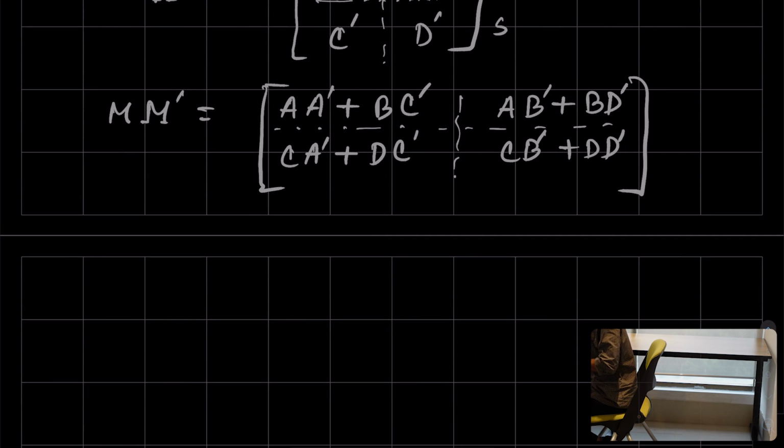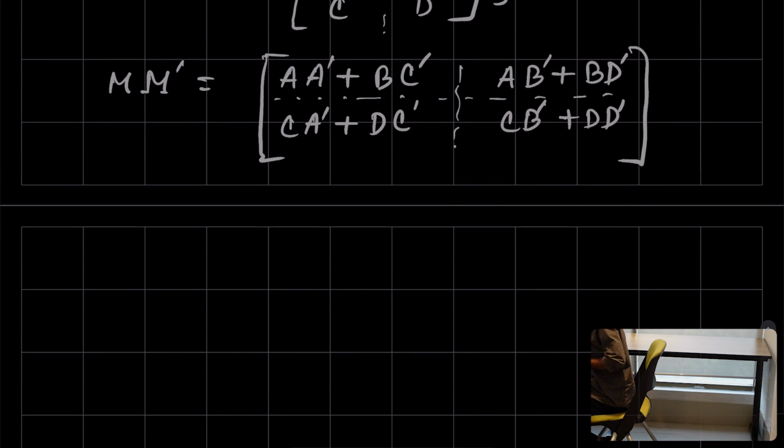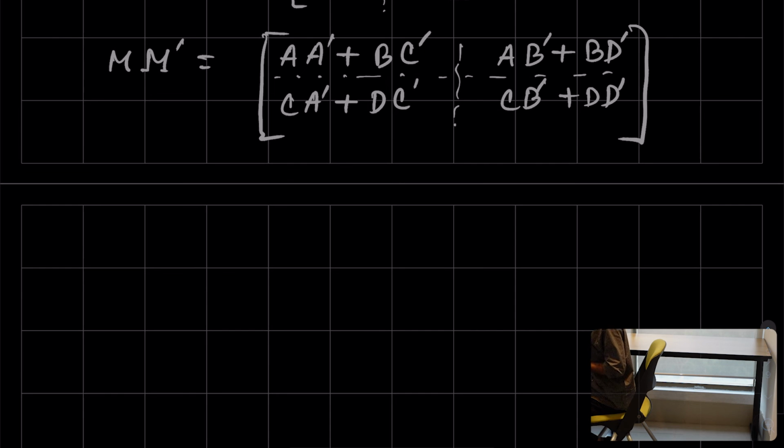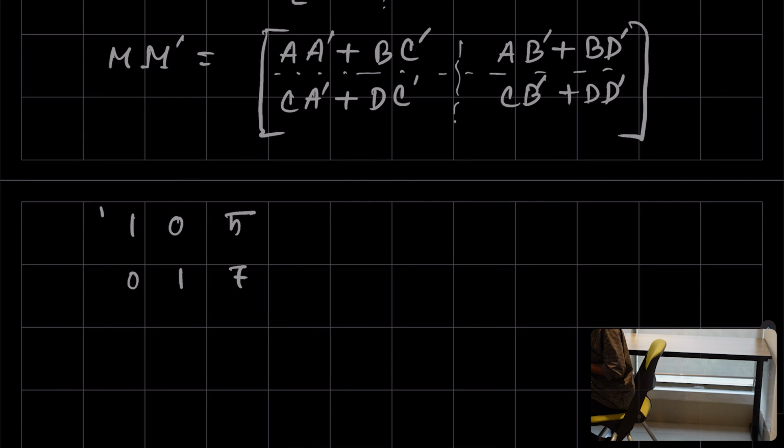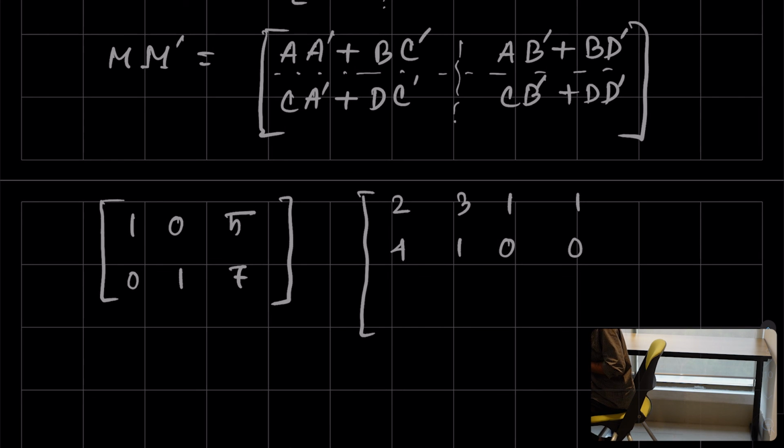So let me give you an example. I think that will help you. The first matrix is 1, 0, 5, and 0, 1, 7. And the second matrix is 2, 3, 1, 1, 4, 1, 0, 0, 0, 1, 1, 0.